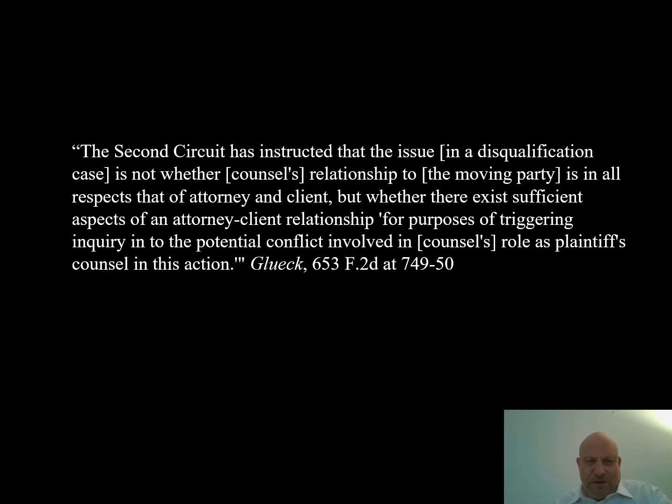It has aspects of an attorney-client relationship. So that's an important thing to take away. She's not an attorney, but it doesn't matter. She's in a fiduciary position. She's an officer there. And so it's not an attorney-client conflict, but it is a conflict where the court could disqualify the firm.